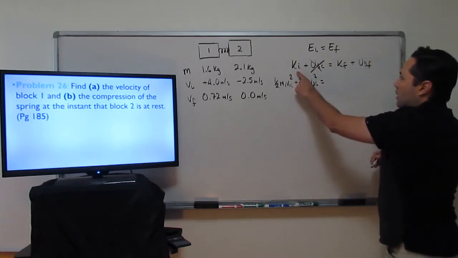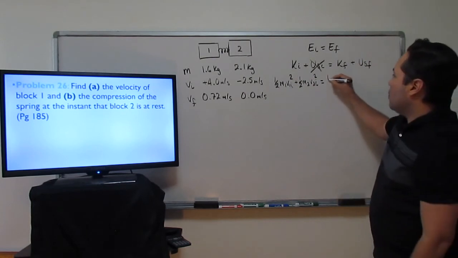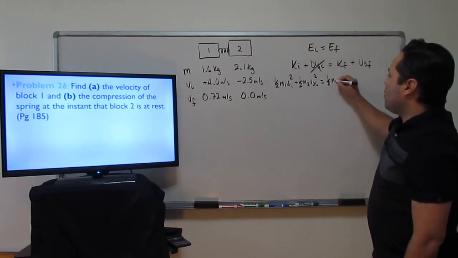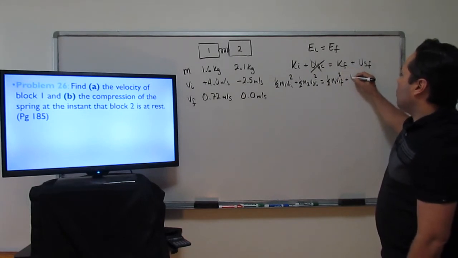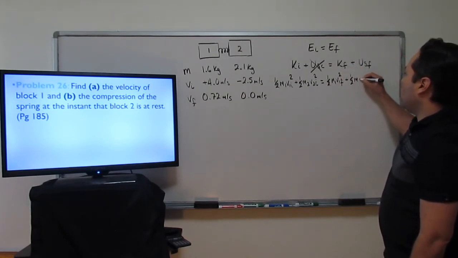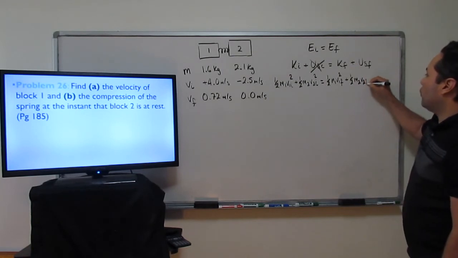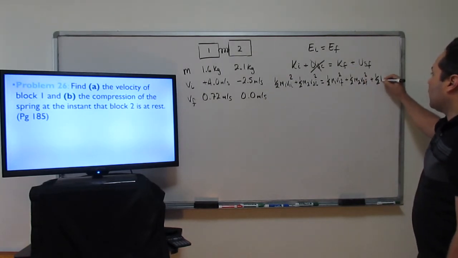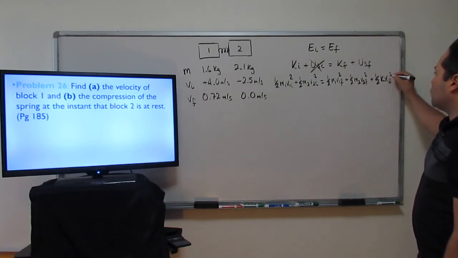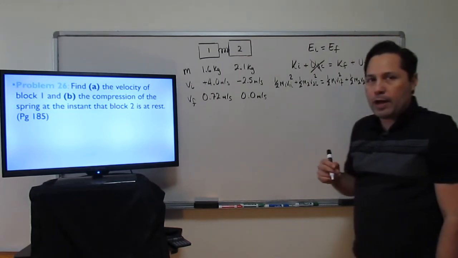So there's their kinetic energy. On the other side, it's going to be 1/2 m1 v1 final squared plus 1/2 m2 v2 final squared plus potential energy of a spring, which is 1/2 k times the compression final of the spring. That's what we're solving for, that x.